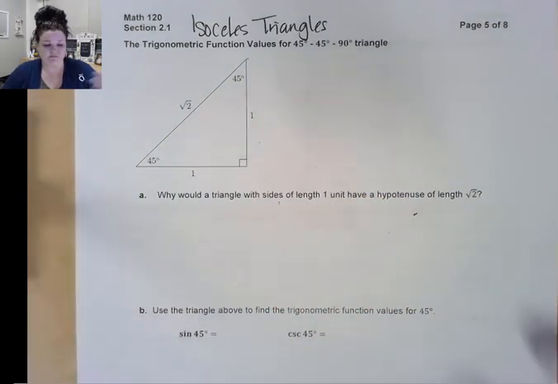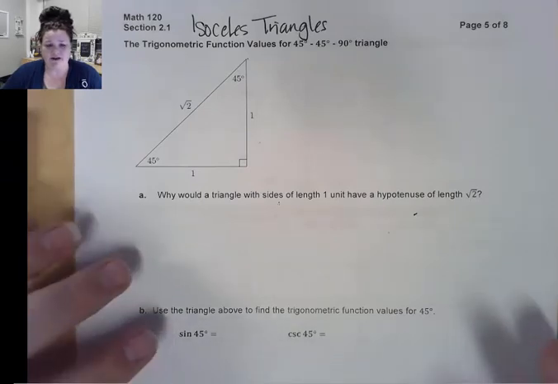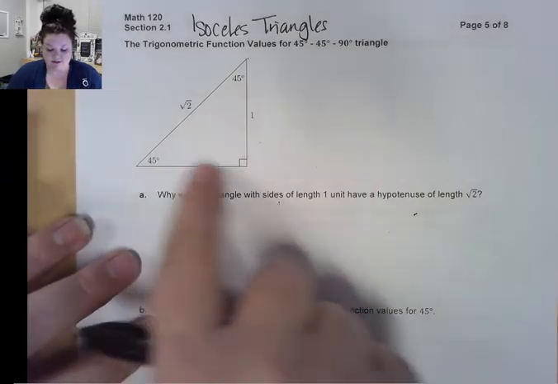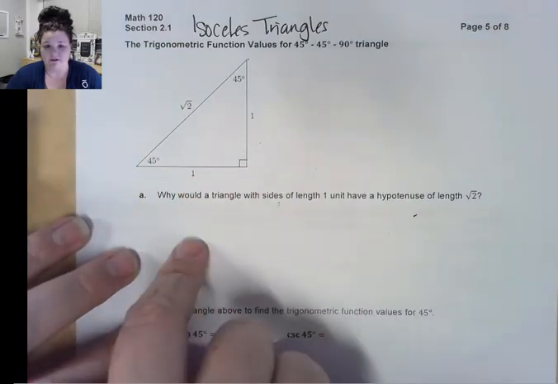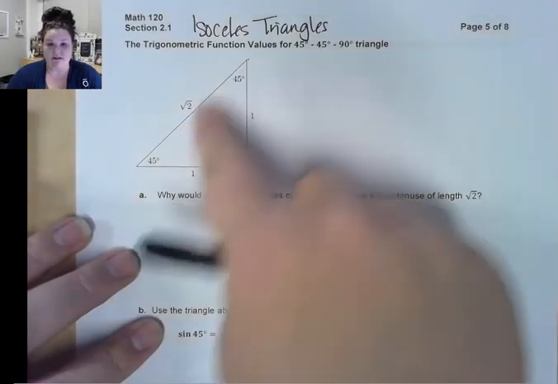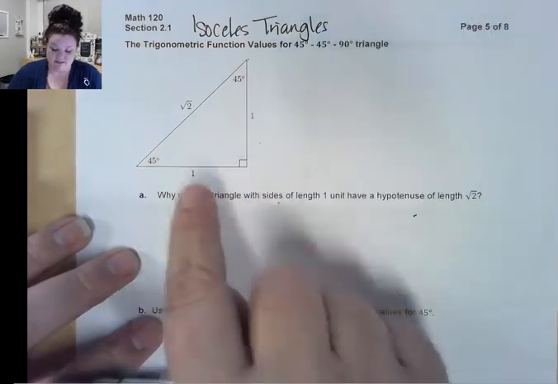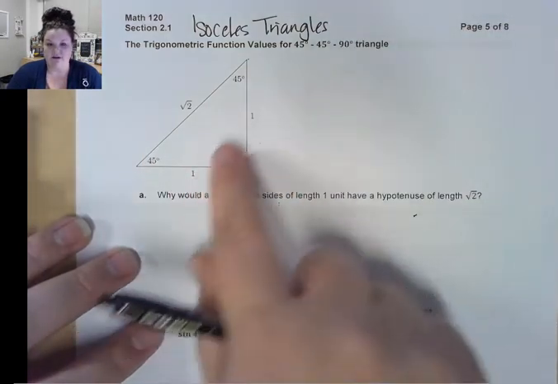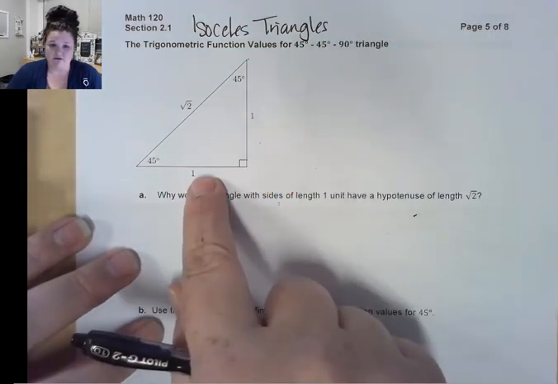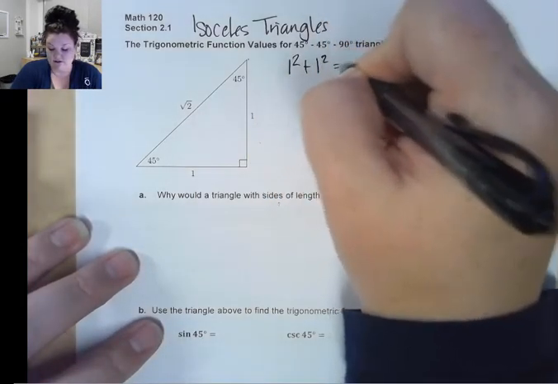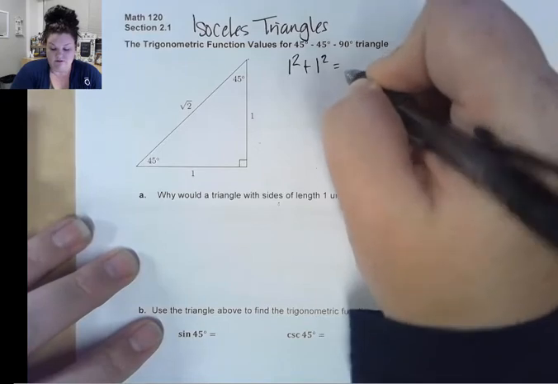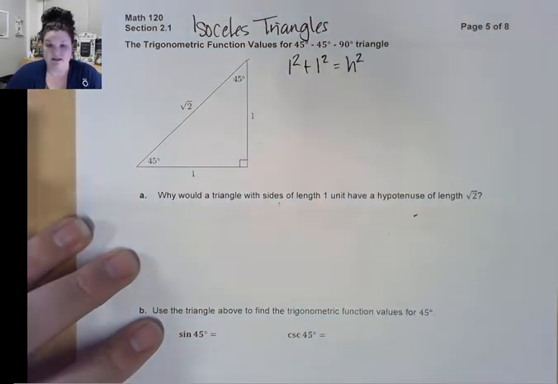Now this one, we didn't have any unknown values to find, but we can still validate that this is square root of 2 if we wanted to do the Pythagorean theorem, right? If I didn't know that hypotenuse length, I would still square and add together the lengths of the legs of my triangle, right? So I'd get 1 squared plus 1 squared equals, you know, whatever my hypotenuse squared is.